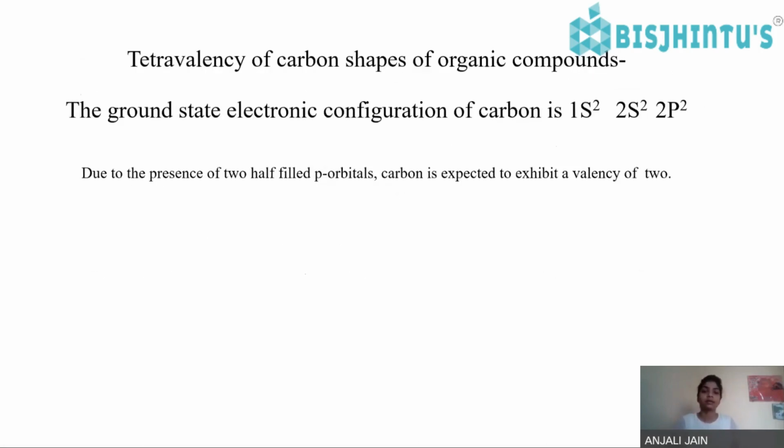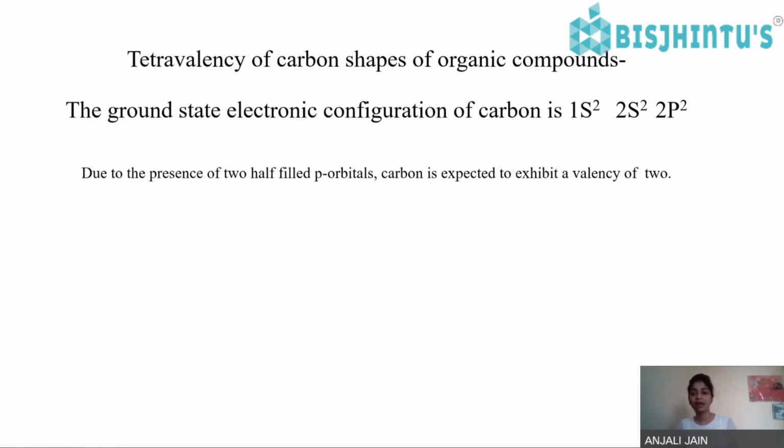Okay. So just now I told you that carbon is tetravalent. We know that the ground state electronic configuration of carbon is 1s2 2s2 2p2. But what happens in the excited state? The 2s electron goes into the p orbitals, because we know that there are three p orbitals: px, py, and pz.